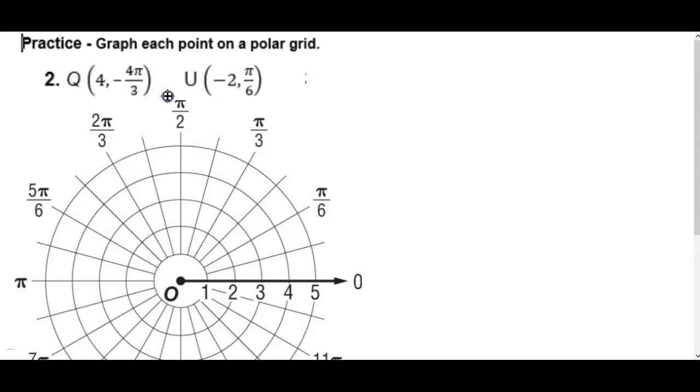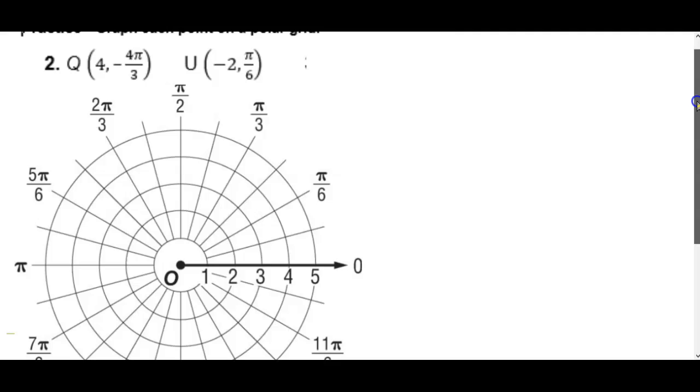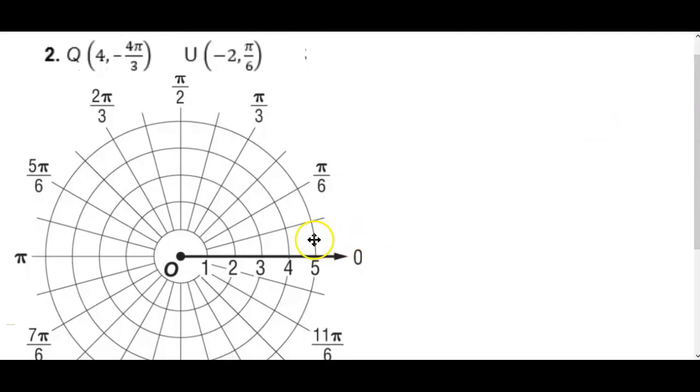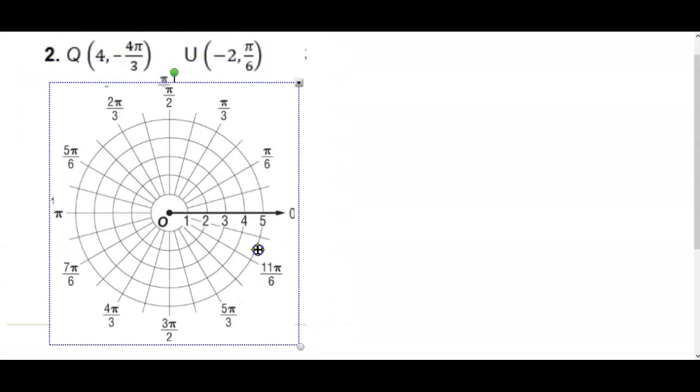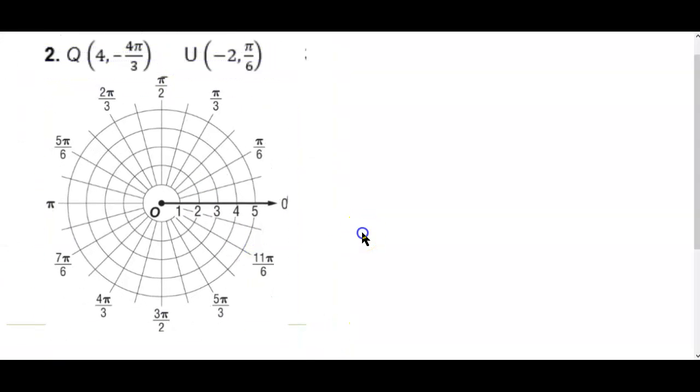This is in radians. It says go negative 4 pi over 3. Well, if you think about where that is, let me make this a little bit smaller so I can see it better in the recording window. Okay, so positive 4 pi over 3 is all the way past pi, 1, 2, 3, 4 marks.